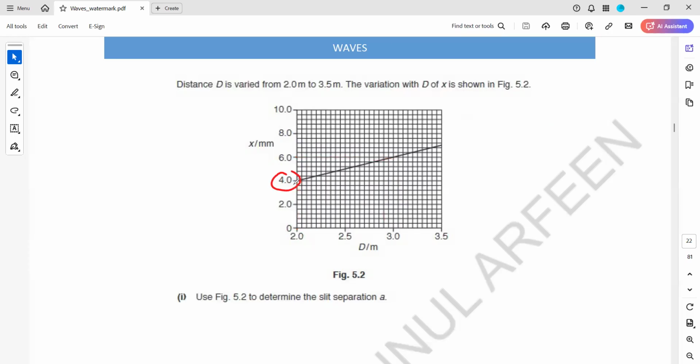So you can use the direct method as well, because when you take a gradient you get the average value, but a direct value will work as well. So this is x and d. Just substitute into lambda equals ax over d. So x is from the graph, d is there, you can work out a, and the wavelength is already given in the question.